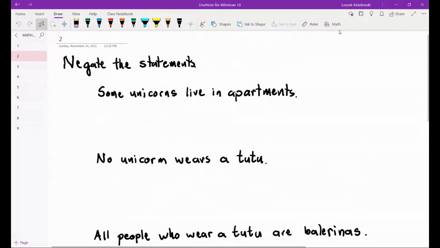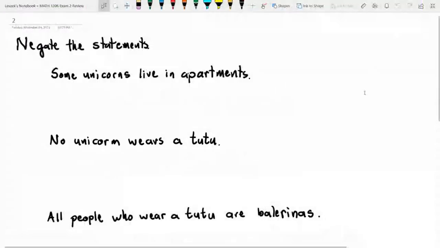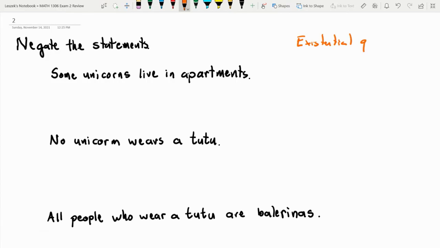So number 2, we just want to practice negating statements. Okay. And this involves quantifiers. So there's the existential quantifier. Sometimes we use a symbol like that.